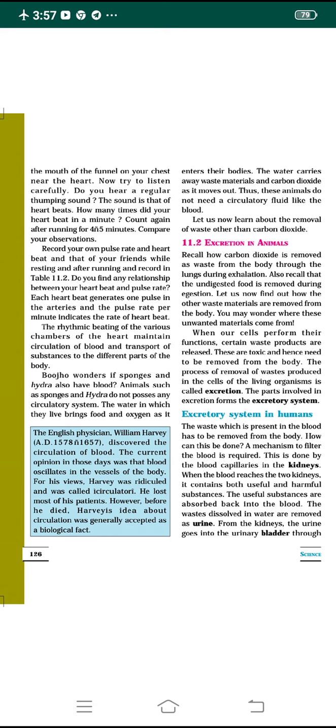However, before he died, Harvey's idea about circulation was generally accepted as a biological fact. Later, people understood the way the blood circulates and biologically accepted this fact.